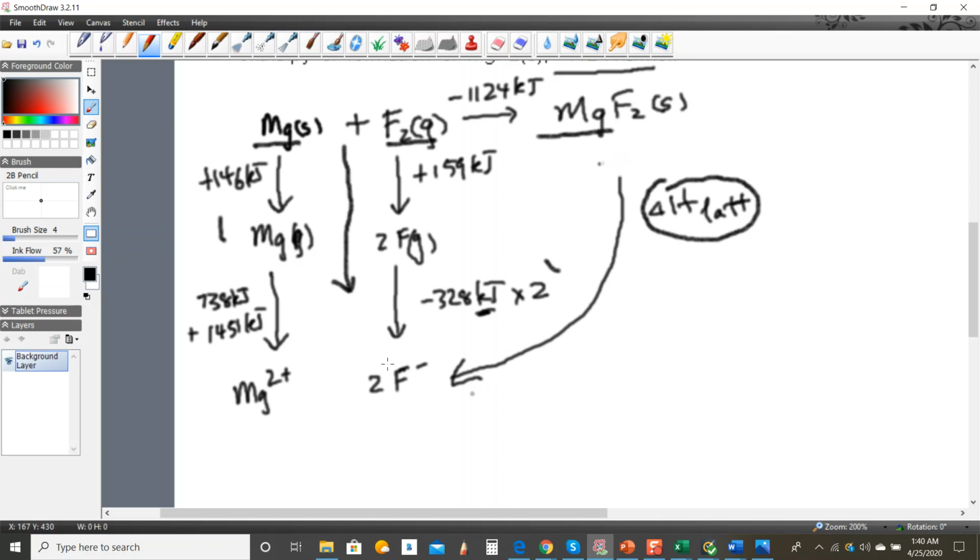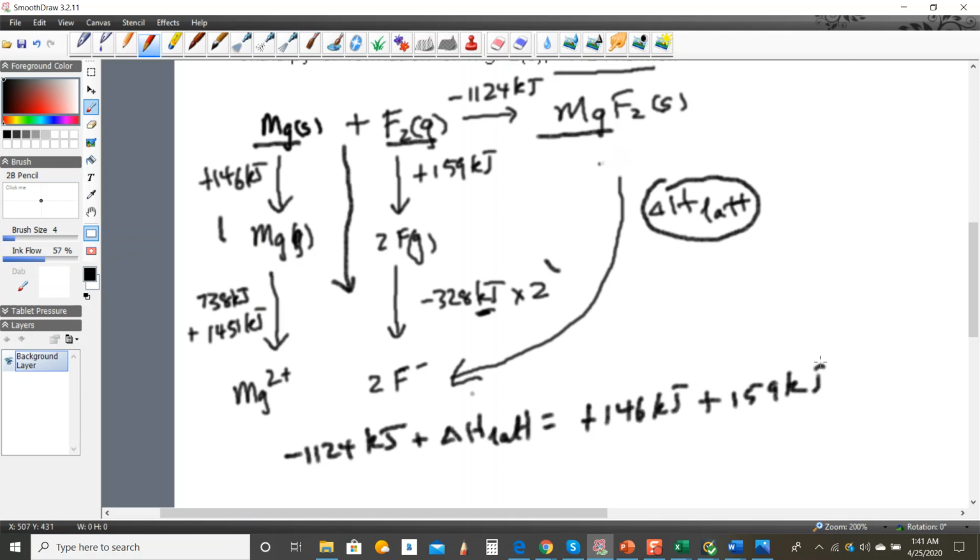So in other words, I can start off with minus 1124 kilojoules plus delta H lattice energy is equal to plus 146 kilojoules plus 159 kilojoules plus 738 kilojoules plus 1451 kilojoules plus 2 times minus 328 kilojoules, and that's it.